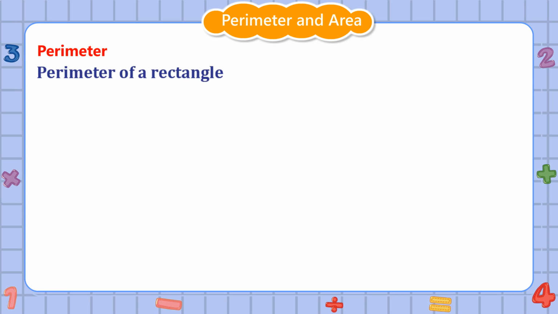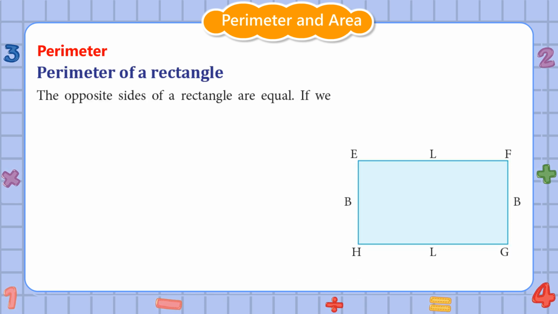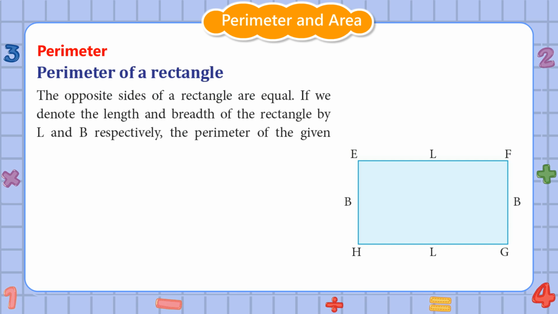Perimeter of a rectangle. The opposite sides of a rectangle are equal. If we denote the length and breadth of the rectangle by L and B respectively, the perimeter of the given rectangle EFGH is equal to EF plus FG plus GH plus HE.